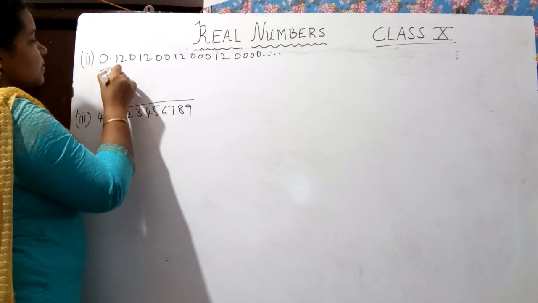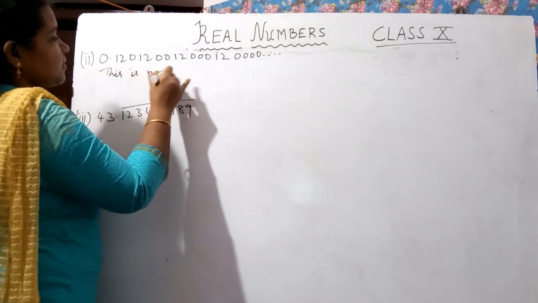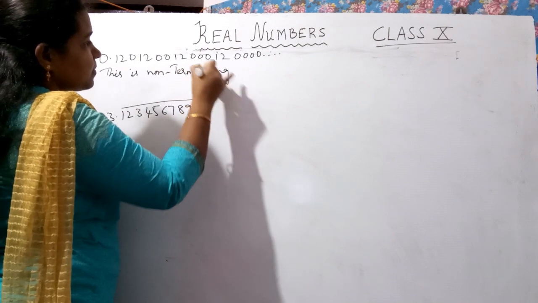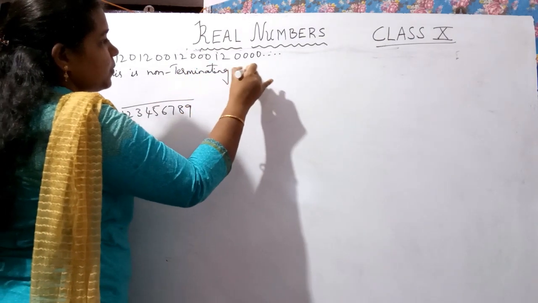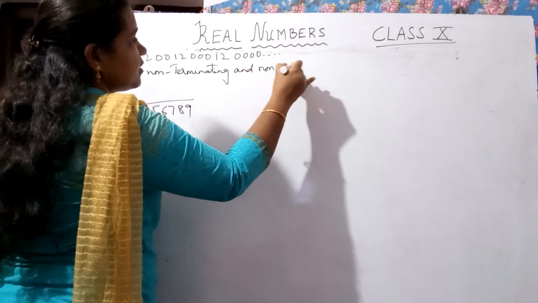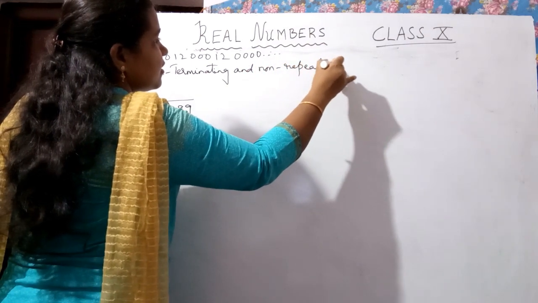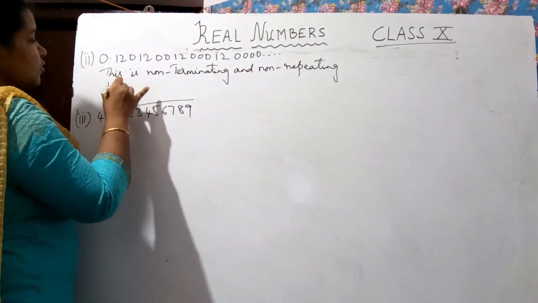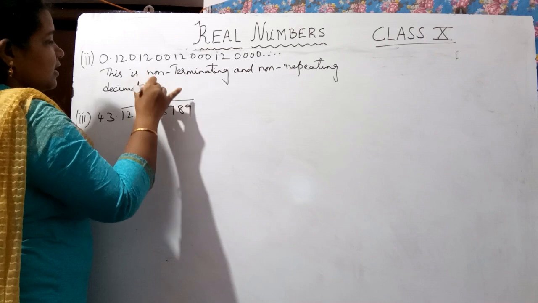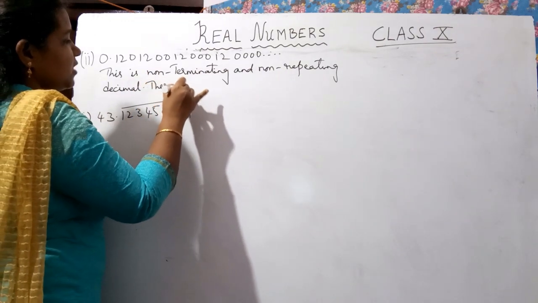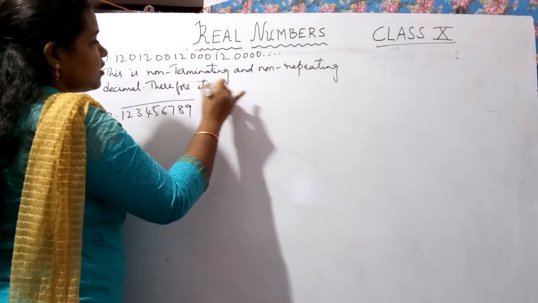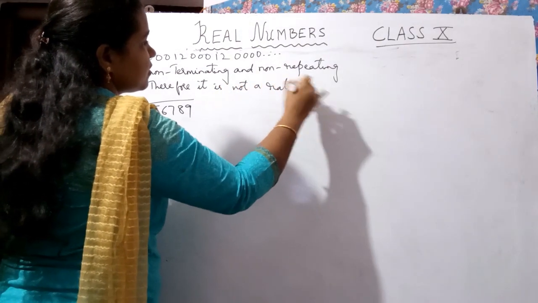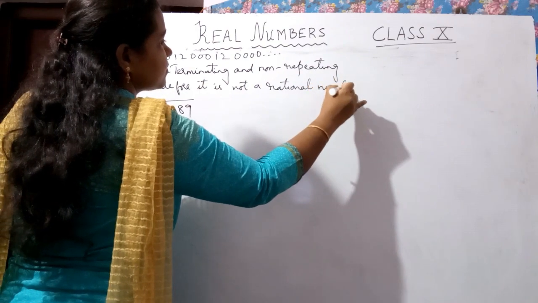This is a non-terminating, non-repeating decimal. Therefore, it is not a rational number.